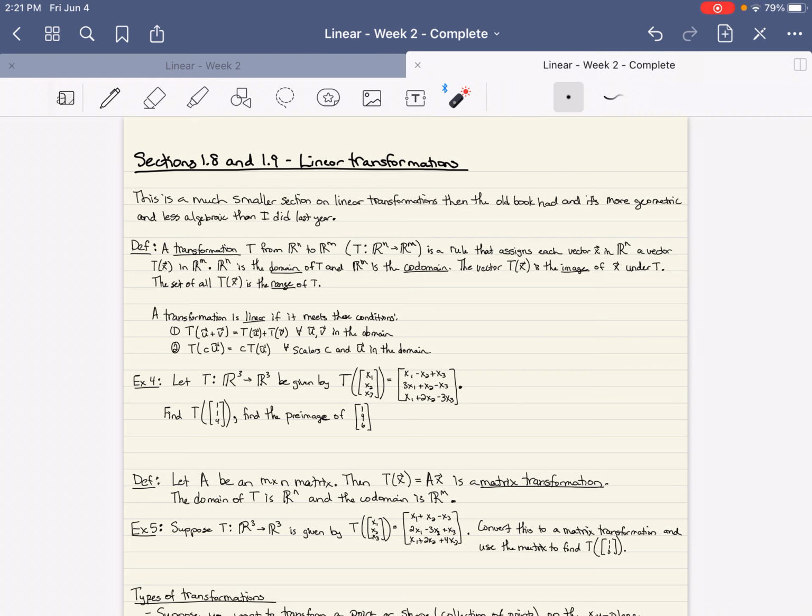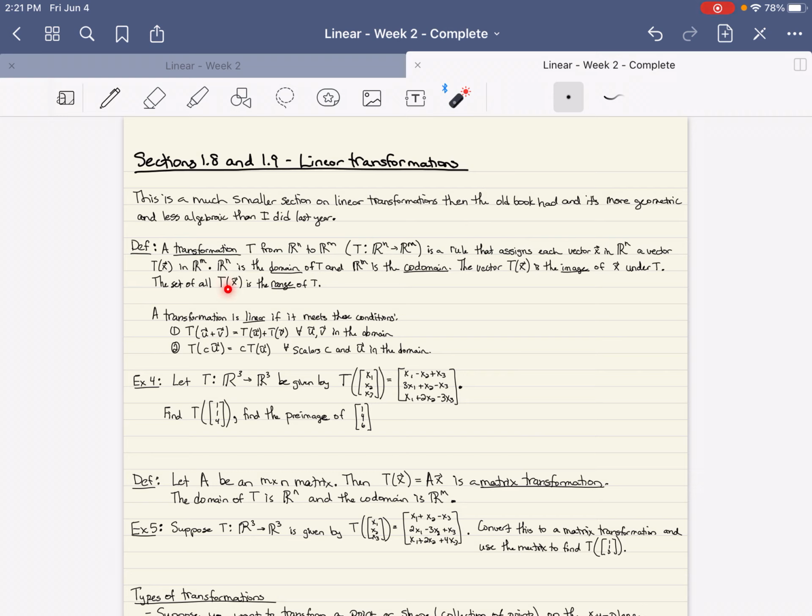So we're going a vector from Rn to Rm, and it's just a rule that assigns something to each x in Rn. Now, Rn is the domain. That's pretty straightforward.